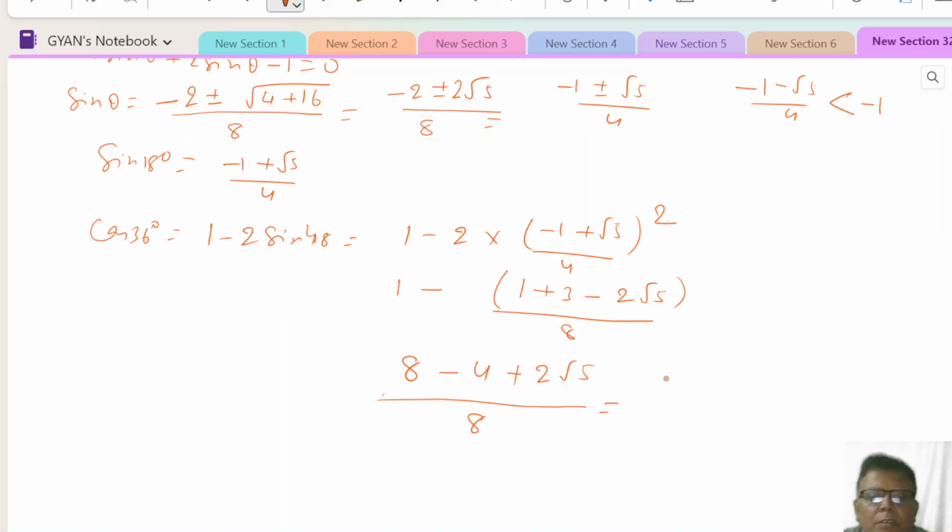That will be 4 plus 2 root 5 divided by 8.